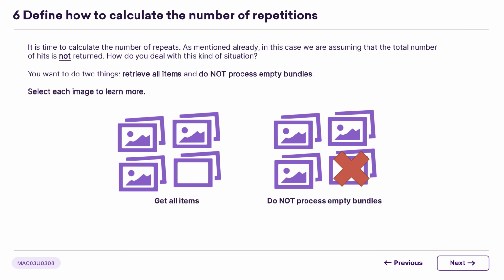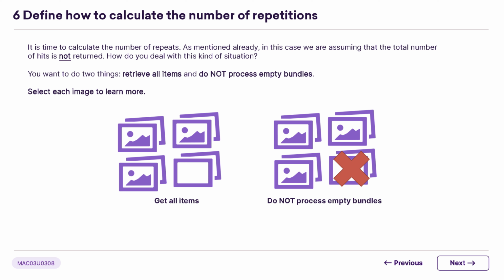Now, we're exploring how to calculate the number of times you'll need to repeat an API call when you don't know the total number of results. Essentially, the goal is to ensure we're retrieving all available data without submitting unnecessary or empty requests. First, focus on retrieving all items. This means making sure your API call is set up to gather every data point available from the endpoint.